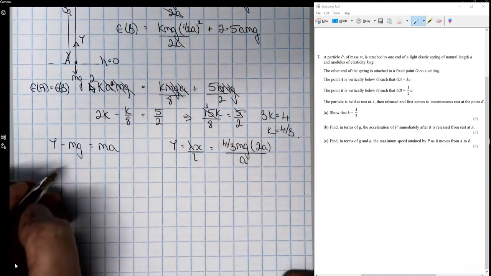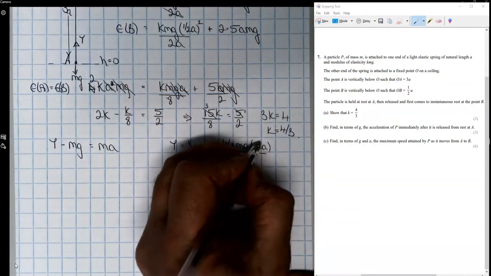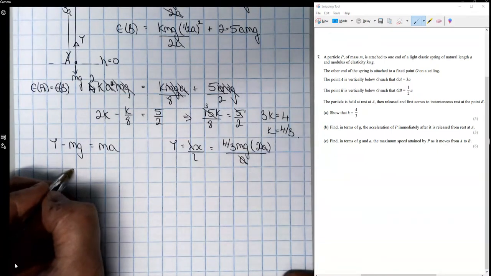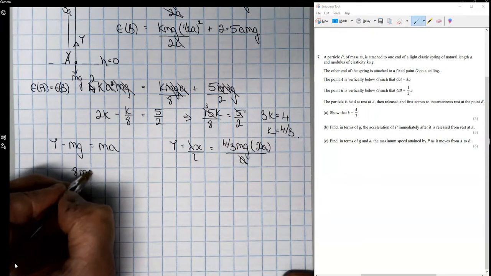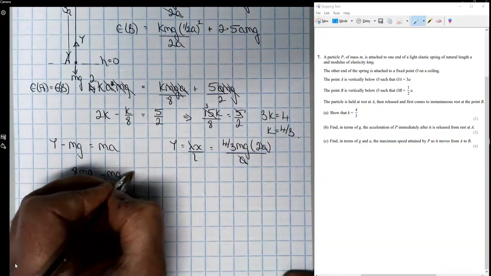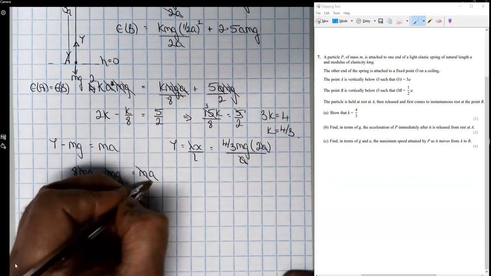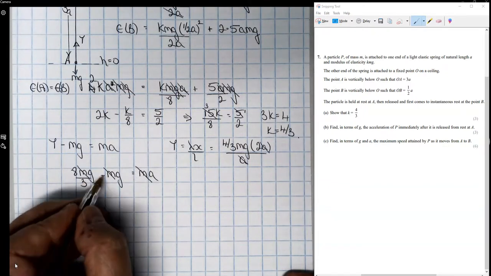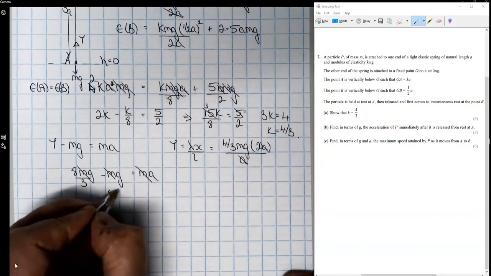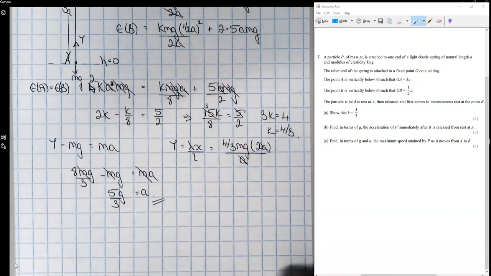So that gives us, going to cancel the a's, so I've got 8/3 mg. 8mg over 3, take away mg, equals ma. So 8/3 take away 1 is 5/3. So 5g over 3 equals a.